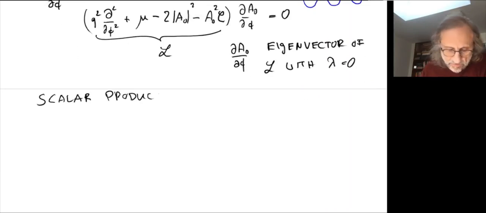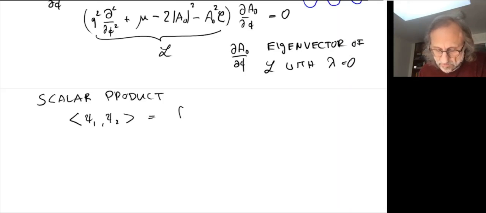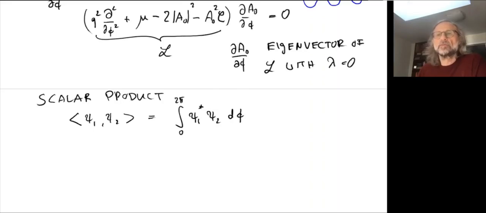If we have two functions, let's call them psi1 and psi2, just some complex functions, then usually we would integrate over the space, and it's 2 pi periodic, so we just integrate from 0 to 2 pi, and these are complex, so I would have psi1 star times psi2 d phi. That would be our scalar product.